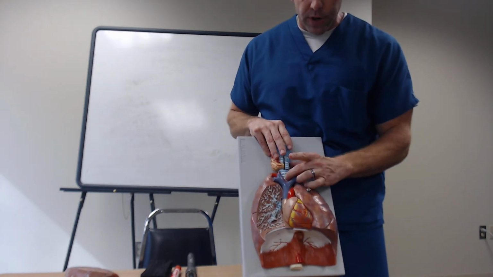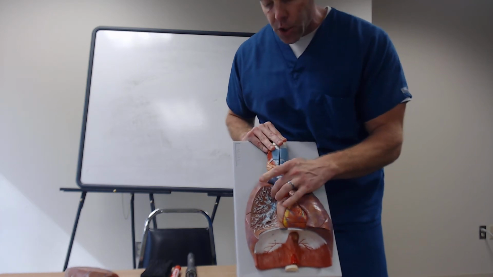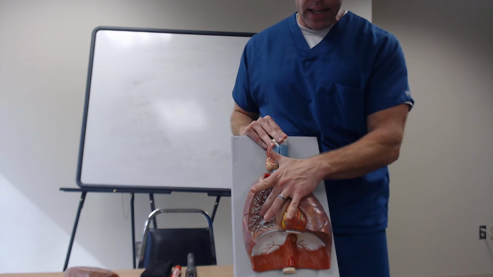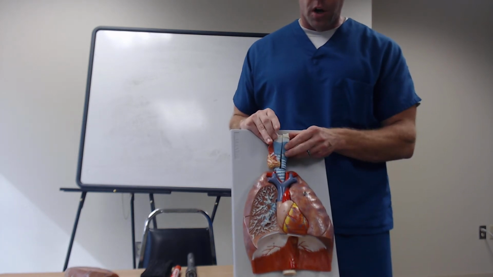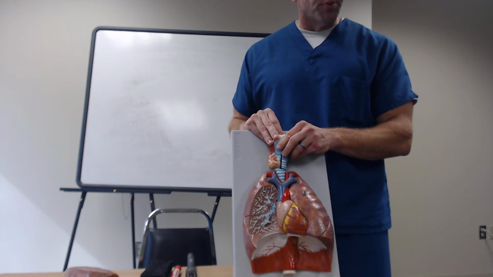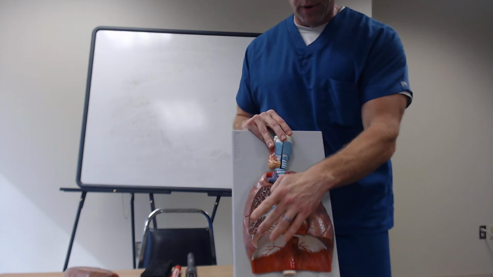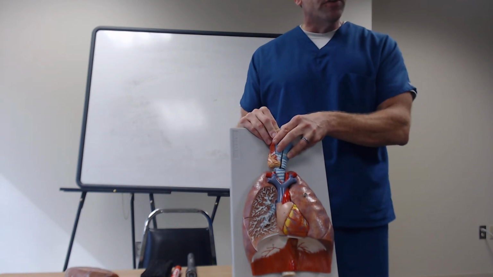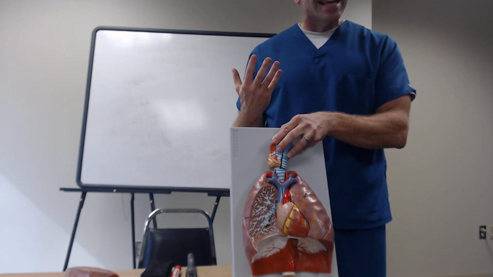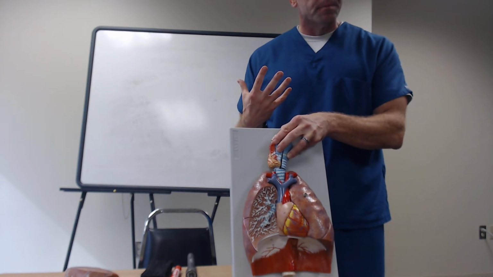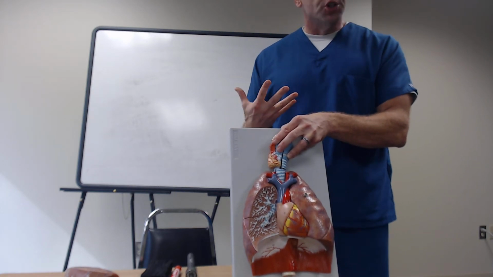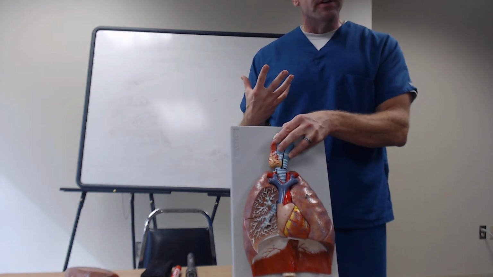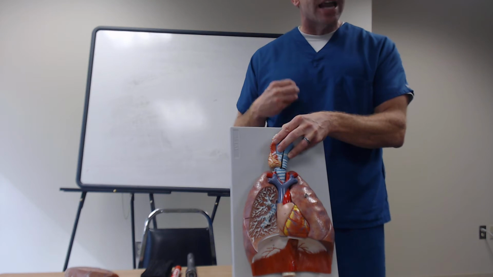We can see this is the rest of the trachea, and then it's going to divide into the right bronchi in this case, and then into much smaller airways called the bronchioles, and then ultimately those bronchioles are going to branch off into the very small air sacs that we talked about, the alveoli. So now we've taken in atmospheric air filled with oxygen, and it's going to be the job of the alveoli to get that atmospheric air and get the oxygen out of it.